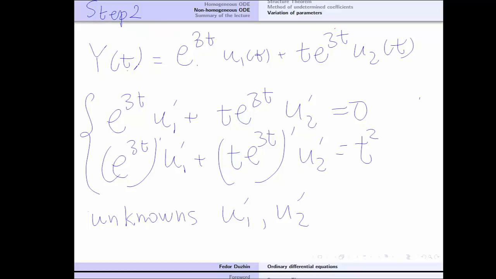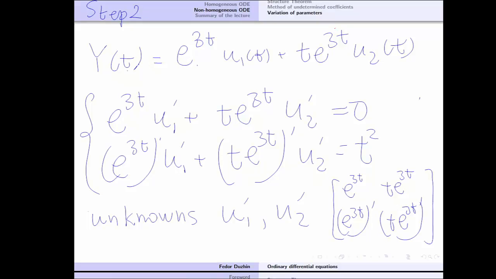But of course, in order to ensure that the system of algebraic equations has a unique solution, we need to check that the determinant of the matrix of the coefficients, which here is e to the 3t, t e to the 3t, e to the 3t prime, and t e to the 3t prime, is non-zero.